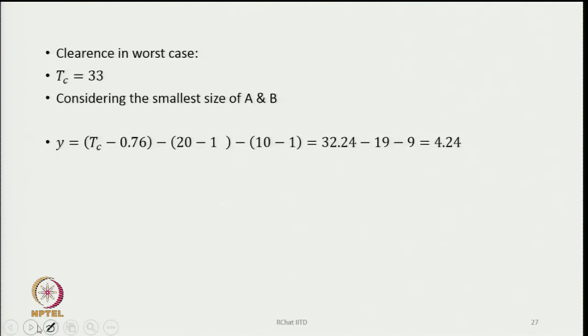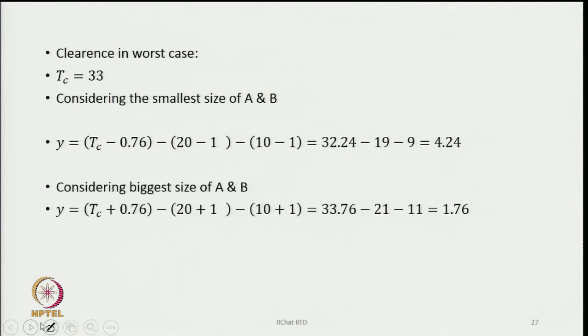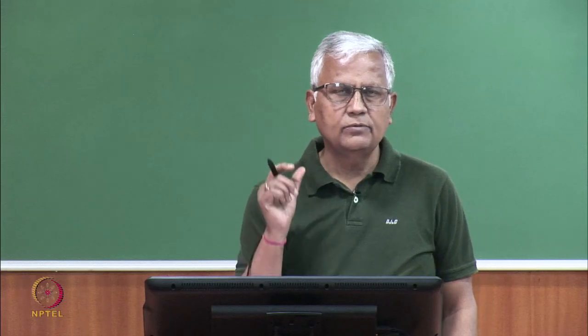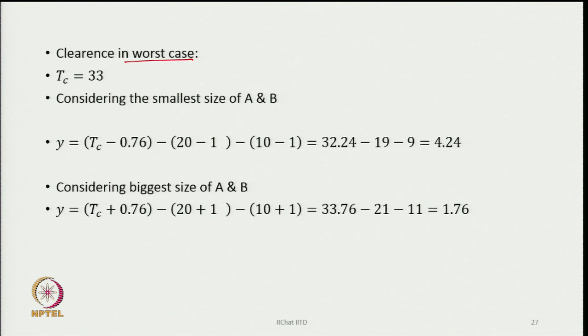From there, now we can verify whether the results are coming correct or not. The clearance in the present case, in the worst case, after assuming that sigma A, sigma B, sigma C are the same, T C we have already found out. Target value of C already we have found out, that is T C equal to 33. Considering the smallest size of A and B, how much is going to be the clearance Y?